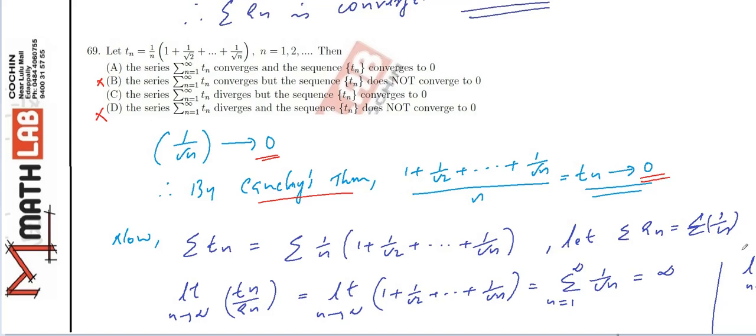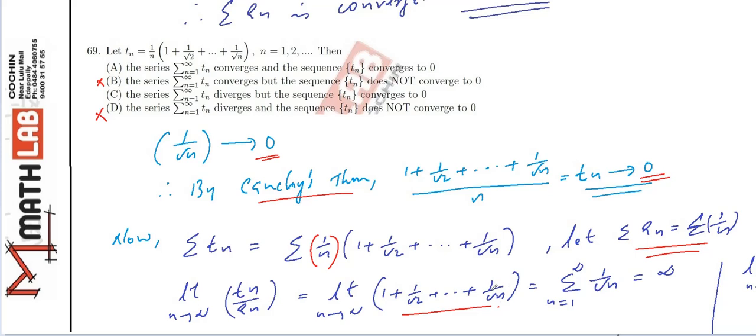Now it's about the series Tn. That's easy actually. You take this 1 by n as some sigma an, and try to apply the limit comparison test. So limit as n tends to infinity of Tn by an, where the 1 by n will be cancelled, and this is what you will get: limit of 1 plus 1 by root 2 plus etc. plus 1 by root n.